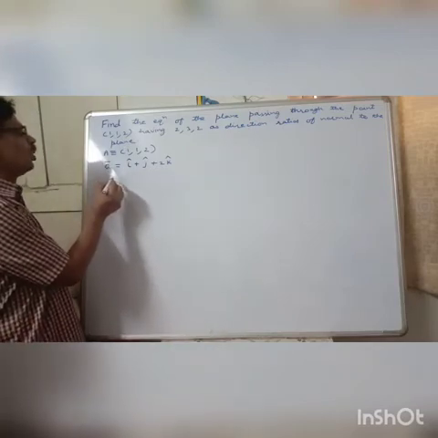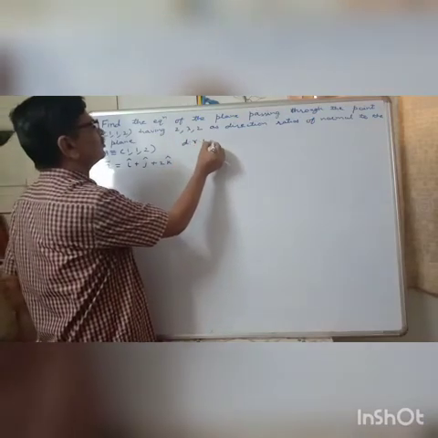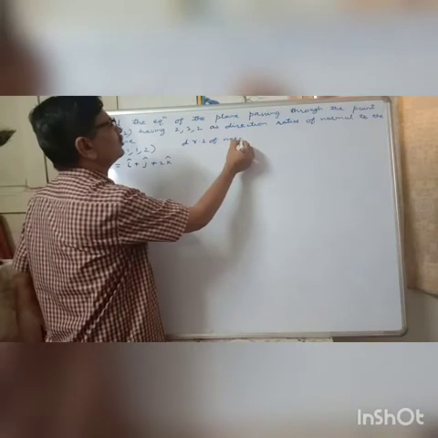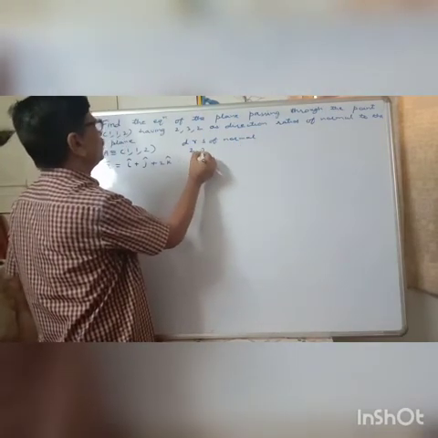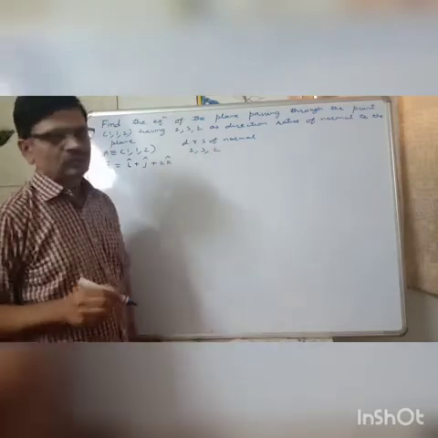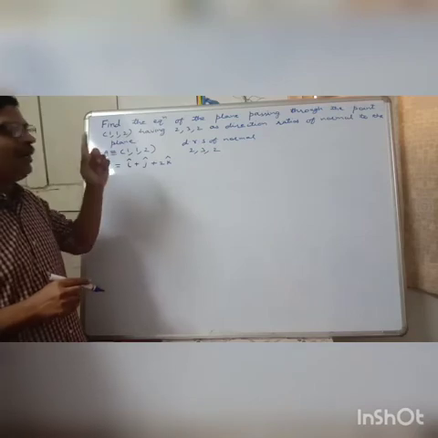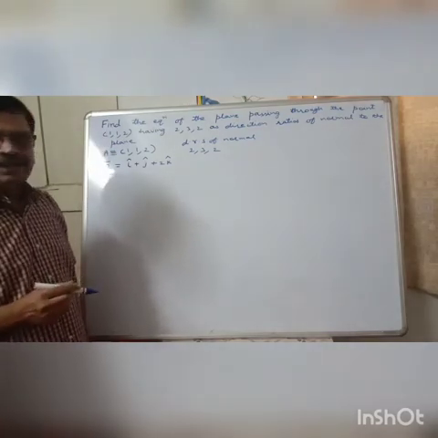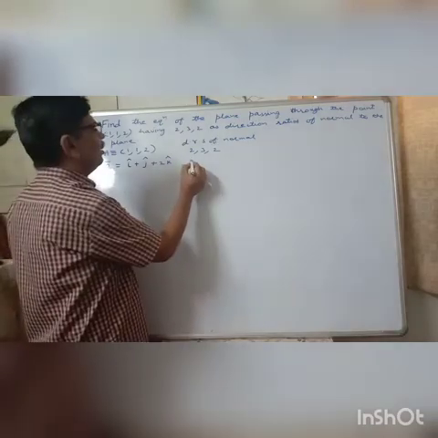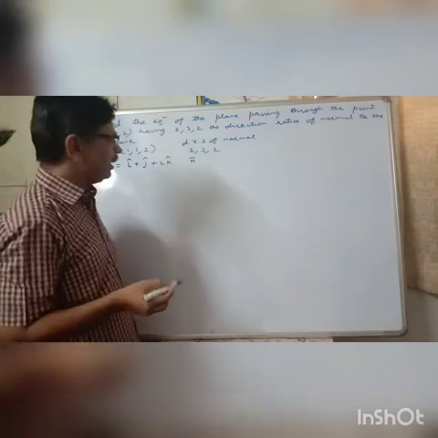Direction ratios of normal are given. 2, 3, 2. These are direction ratios of normal to the plane. Then we can write vector which is normal to the plane.